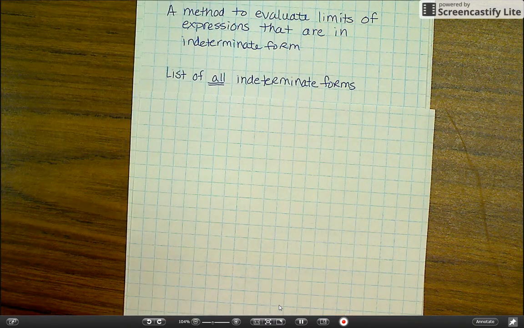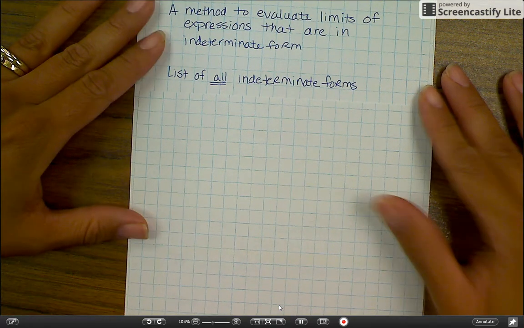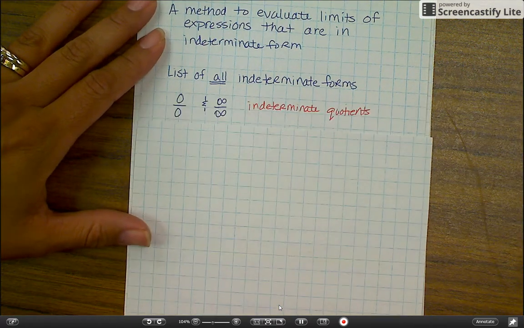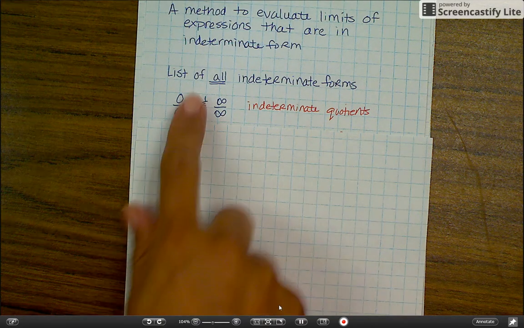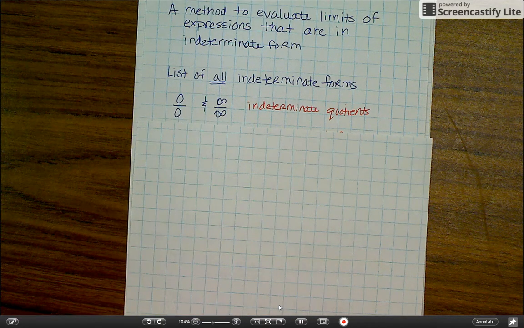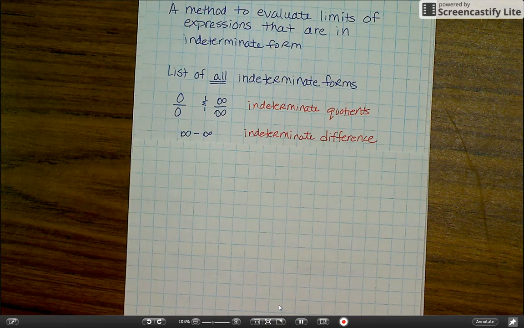So here are all the indeterminate forms, which you're eventually going to have to put on a flashcard. The first one is indeterminate quotients, which is 0 over 0 and infinity over infinity, which we've done before. The next one, which we've also done before, is infinity minus infinity, which is an indeterminate difference.